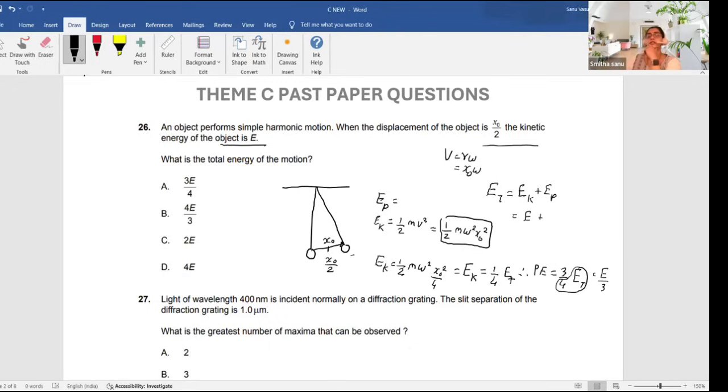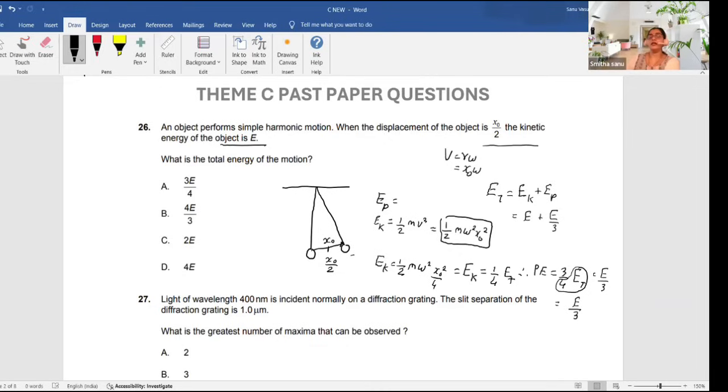If potential energy is going to occupy part E by 3, you can see carefully, just replace E total by 4 by E. If I replace E total by 4 by E and divide this by 3, what will I get?